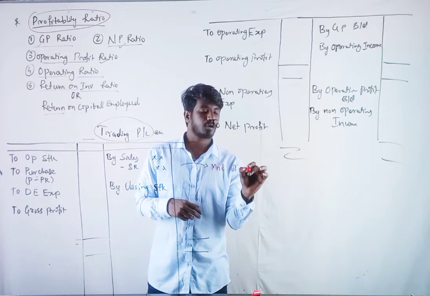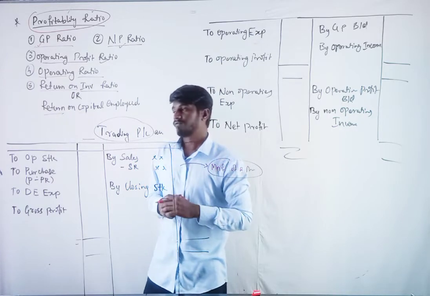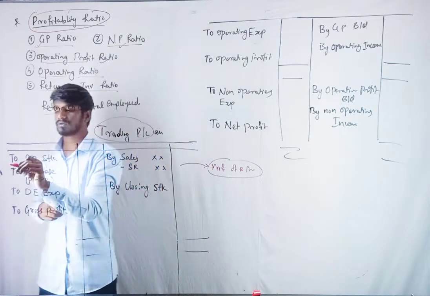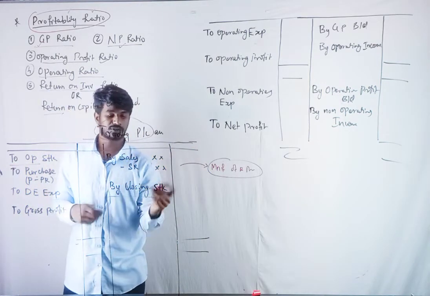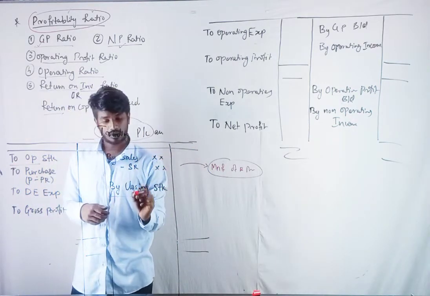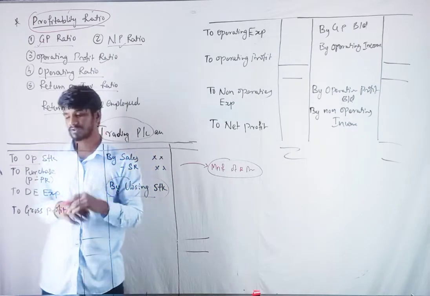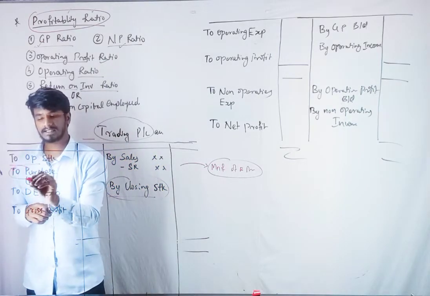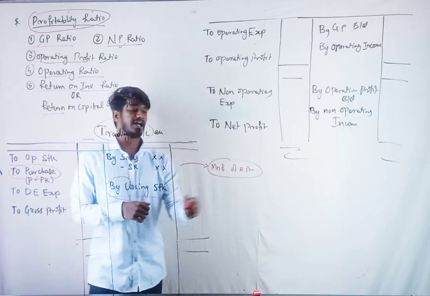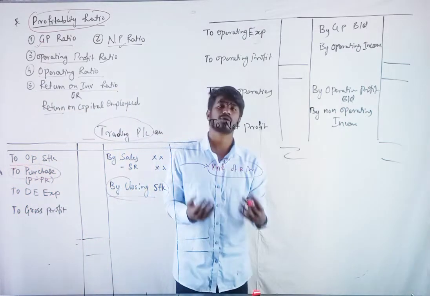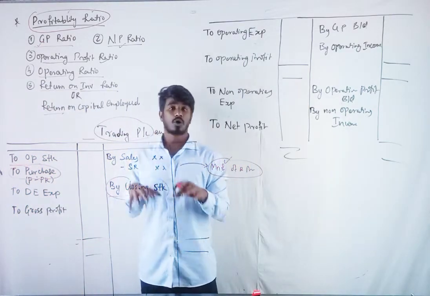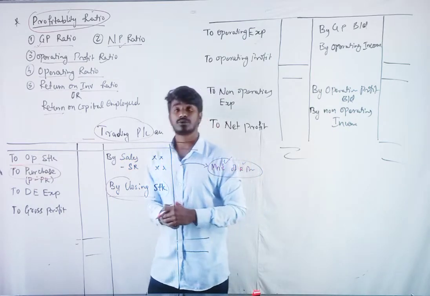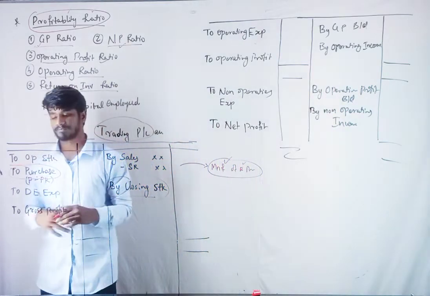For example, opening stock and closing stock. Purchases, is it directly related to the manufacturing of the company? Yes, absolutely. If we purchase the raw products, we can produce the product, finished goods.